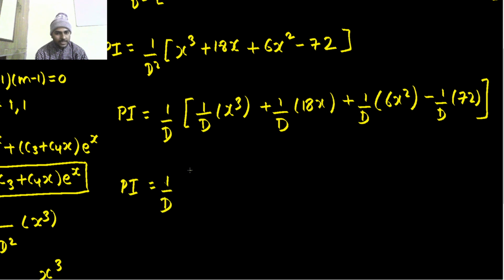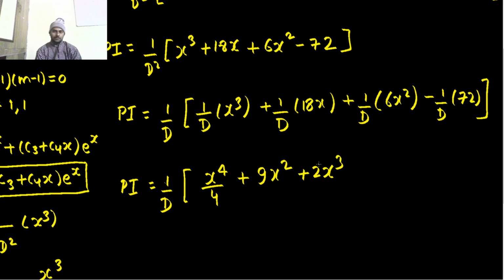So 1 upon D. Integration of this is x power 4 by 4. If you integrate 18x, you will get 18x square by 2, 9x square. Then 6x cube by 3, that means 2x cube, and minus 72 times x.